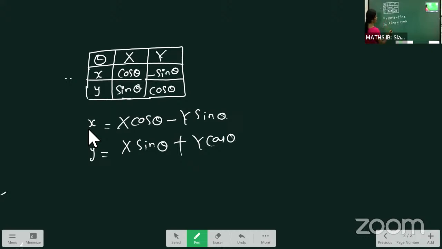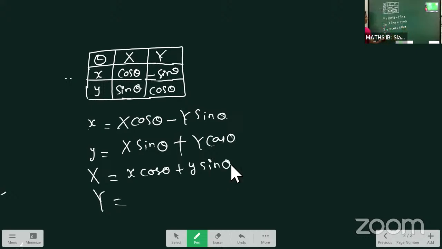Make sure small x and capital X are seen clearly. In the same way, suppose you want to write the capital X and capital Y values, then how? If you want to write capital X, close capital Y, close this part. Then write like this: x cos theta plus y sin theta. So this becomes small x cos theta plus small y sin theta.